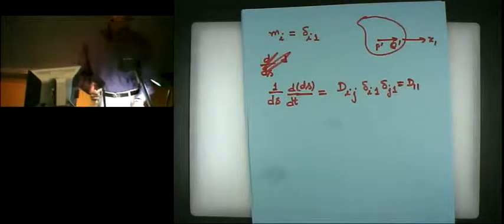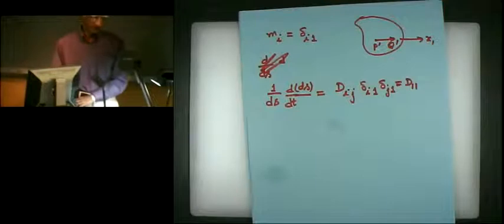D11 equals the rate of change of length per unit length. ds is the length element and d over dt is the time rate of change, so ds over dt is the rate of change of length. We are dividing by ds, so that's the rate of change of length per unit length of a line element that is now, in the present configuration, parallel to the x1 axis.